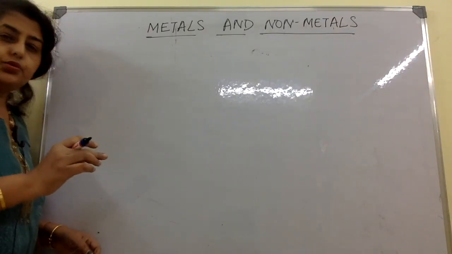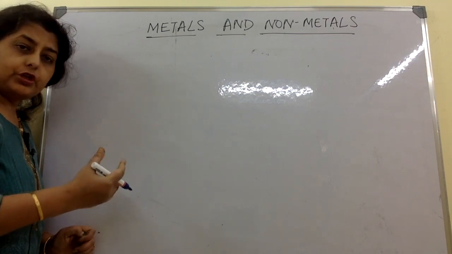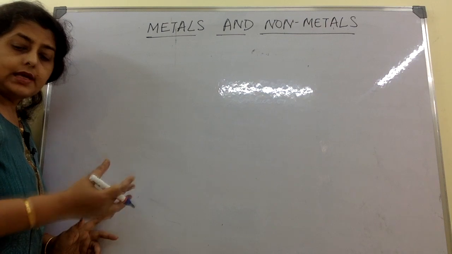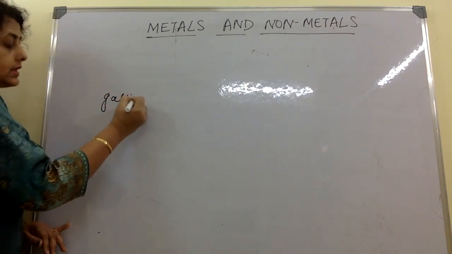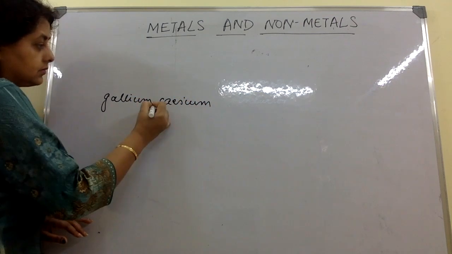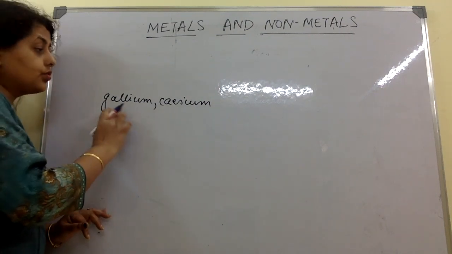Now, what are the few small questions that can come from physical properties? Apart from iodine and graphite, what about gallium and cesium? Gallium and cesium are also two metals.